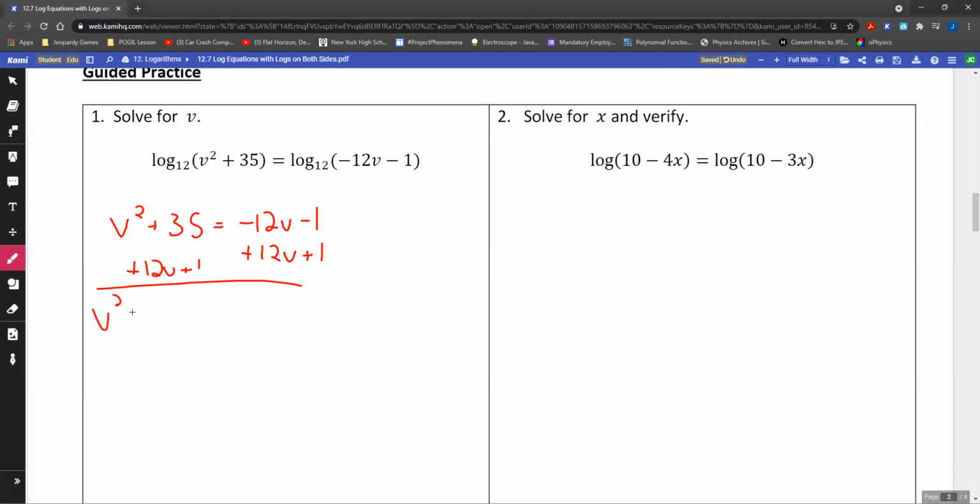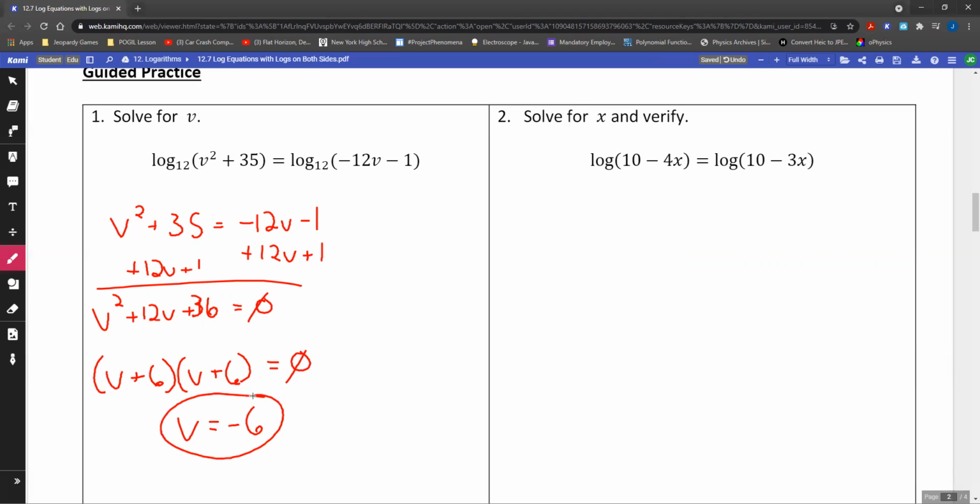And we get b squared plus 12b plus 36 equals 0. From here, we're just going to factor. So this is b plus 6, b plus 6, since 6 times 6 is 36, and 6 plus 6 is 12. So this tells me that b is going to be negative 6. I'm sure if we plug it into the equation, we will get it. This is my answer.